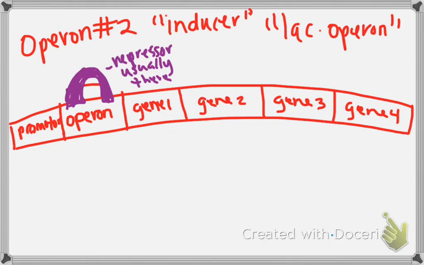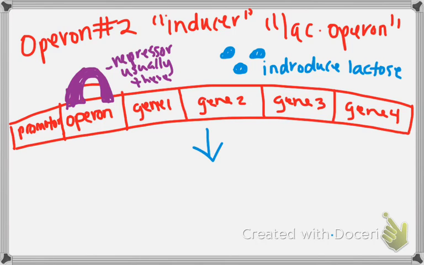Unless, this is the only way you can get that repressor to go away. You come and introduce some glucose molecules, or pardon me, lactose. So go ahead over here, put introduce lactose. You're going to introduce lactose, and this is what is going to happen.